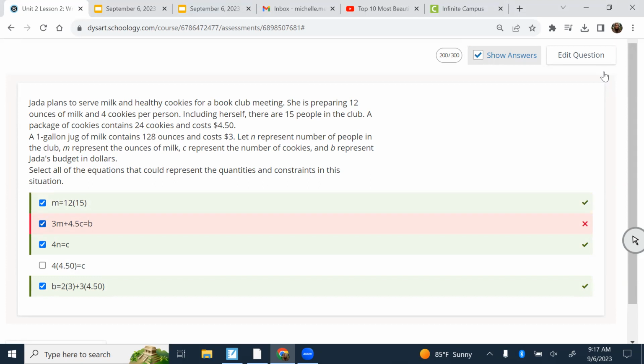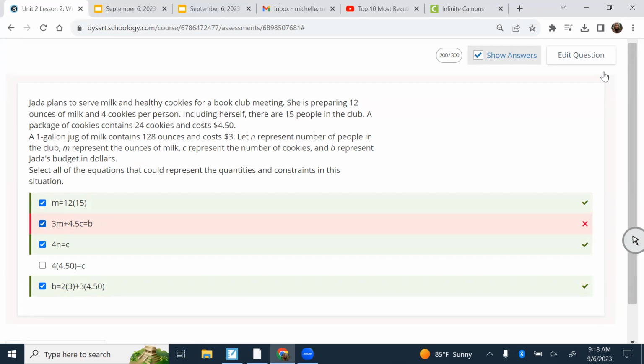Now let's see why. This contributes to her budget. M is ounces of milk. But in actuality, we're not paying $3 per ounce, are we? Or are we paying for like a jug of milk? We're paying for a jug of milk, so that's why. The cookies part makes sense.